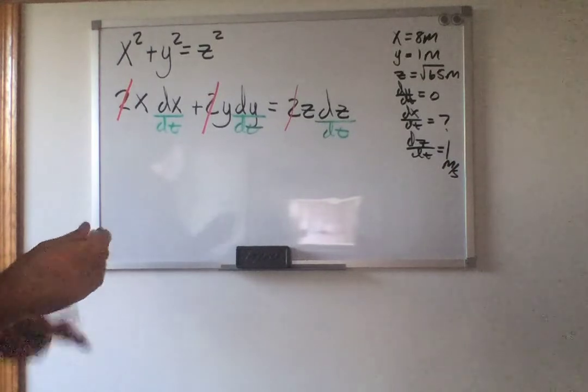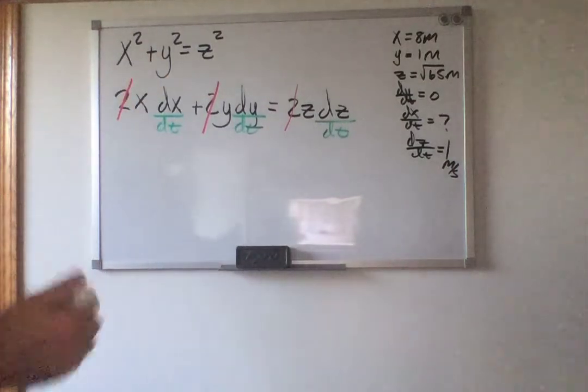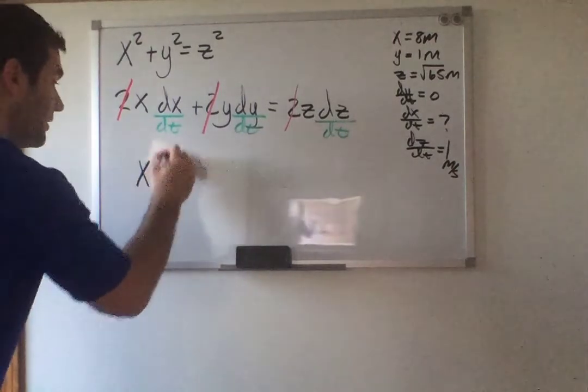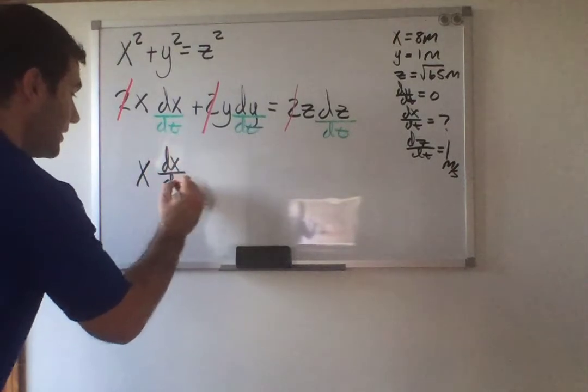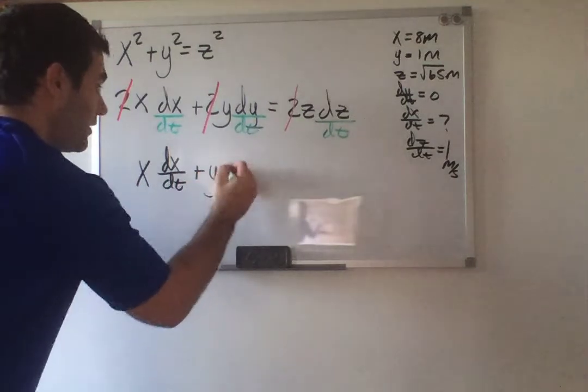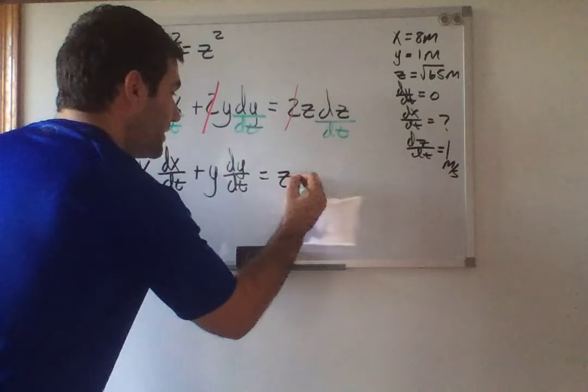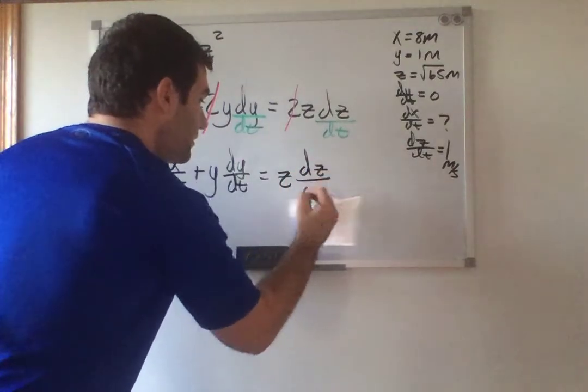Now, let me go ahead and rewrite this equation so it's not as cluttered. We've got x dx/dt plus y dy/dt is equal to z dz/dt.